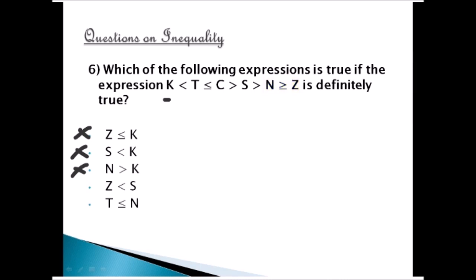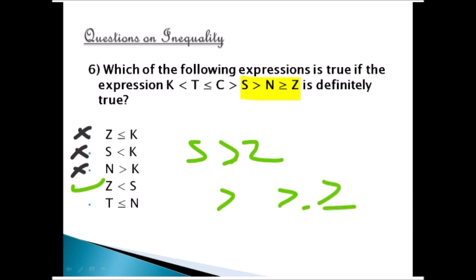Conclusion number 4 says S to Z. So here is my point S and here is Z. Yes, I can move from S to N and then N to Z. I can move from S to Z using this path, S to N and N to Z. So this one is a true conclusion, as for S to Z, if this symbol is there, then this and this, these 3 symbols are valid.